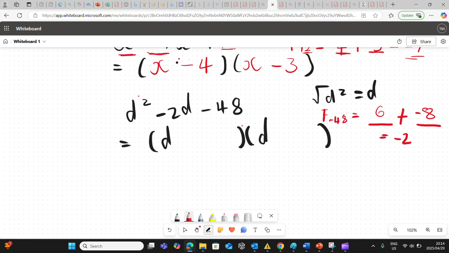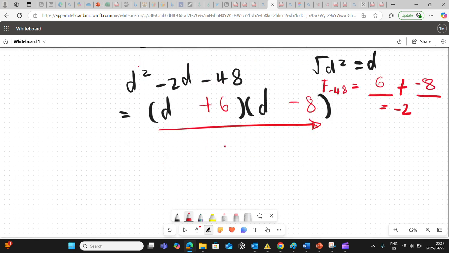So 6 and a negative 8 are the perfect factors we're looking for because they add to give me a negative 2. So I put my positive 6 in there, and I put my negative 8 in there. And there we go. We've solved this simple trinomial.